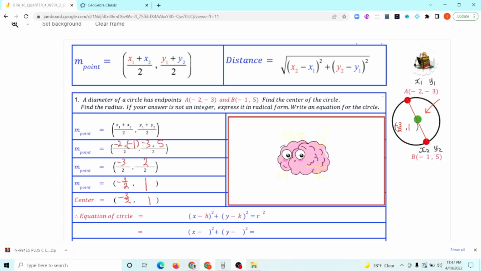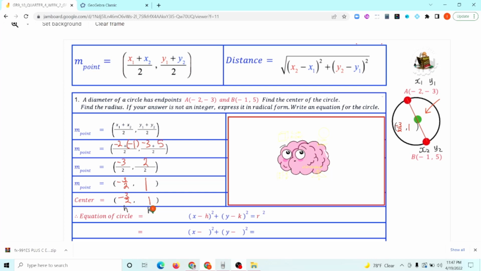So now let's go ahead and put that into our little formula. Remember, our formula for the equation of a circle is right there. Now remember, the first value represents the h and the second value represents k.